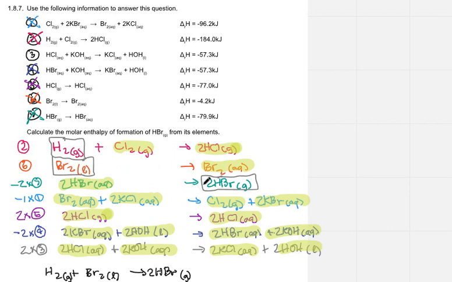Now, crunch time. Let's add up all these numbers, and man, if this total doesn't come out right, I might just post an errata afterwards so you don't have to hear me crying online. We took reaction 2 as is, so we take this delta H as is, minus 184.0. We took reaction 6 as is, so we take this as is, negative 4.2.